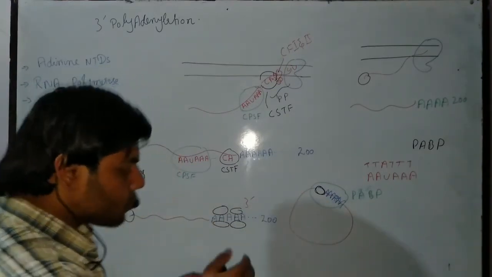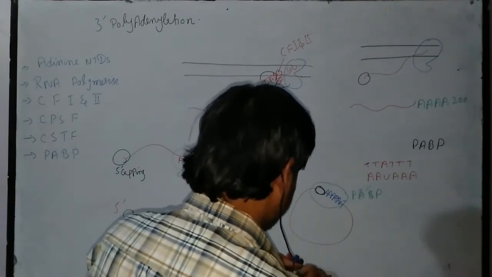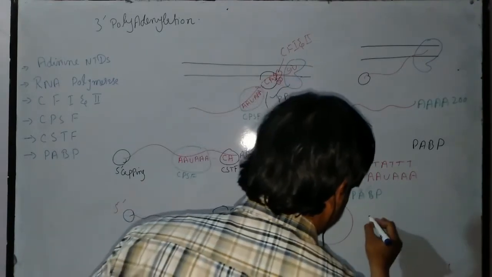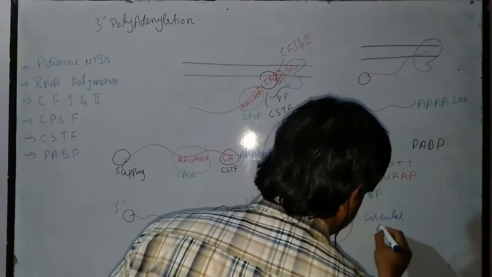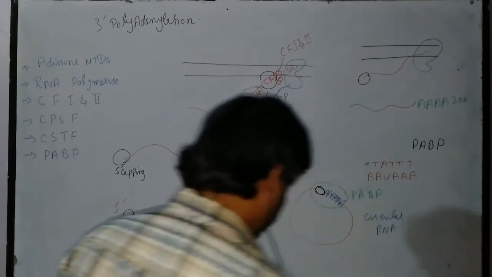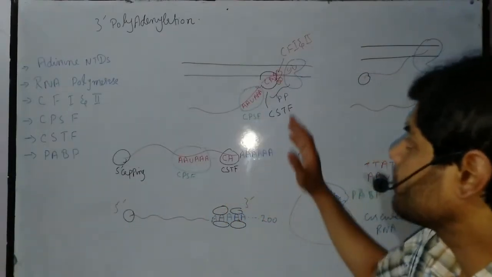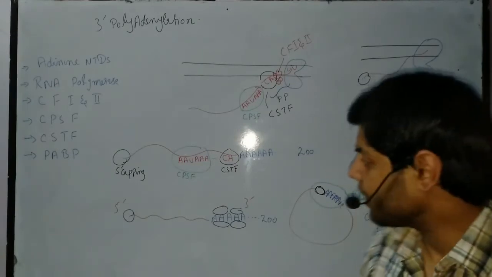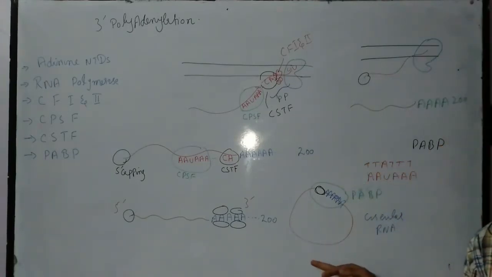So we get circular RNA. This is the circular RNA. Okay. This is all about the mechanism of the 3' polyadenylation, how it forms. After that we get the secondary structure of the RNA like that.